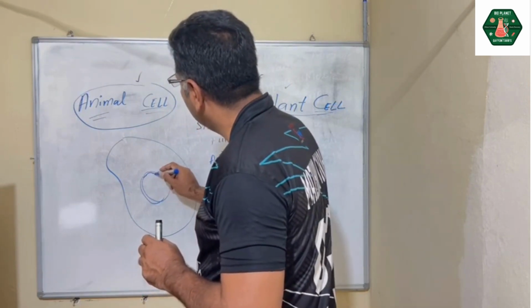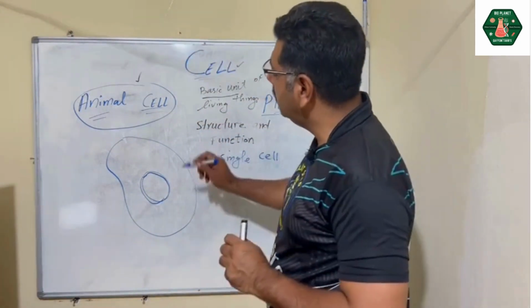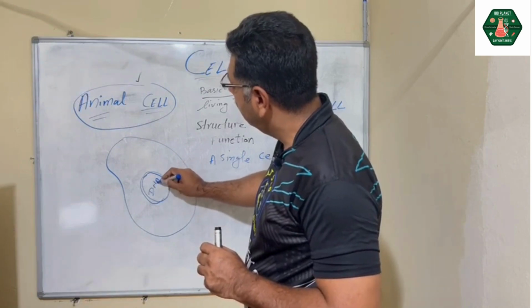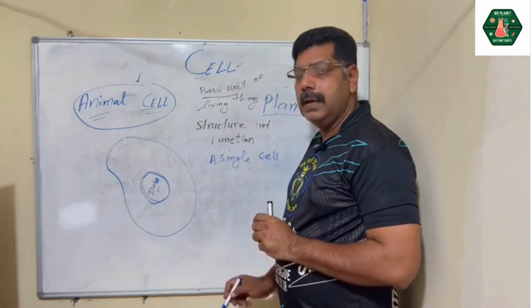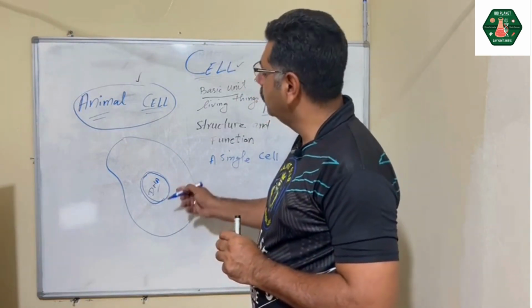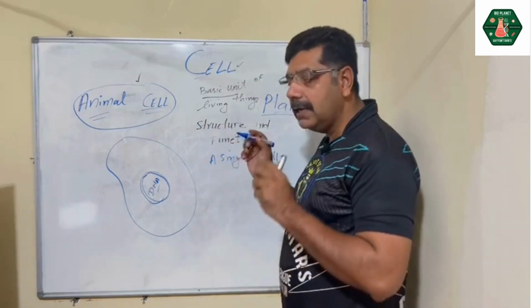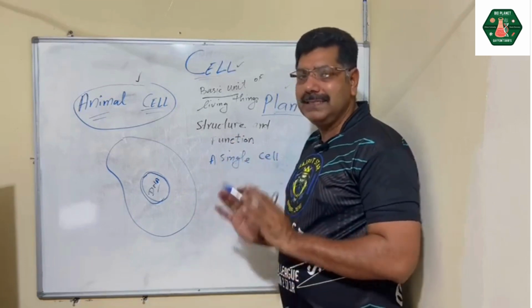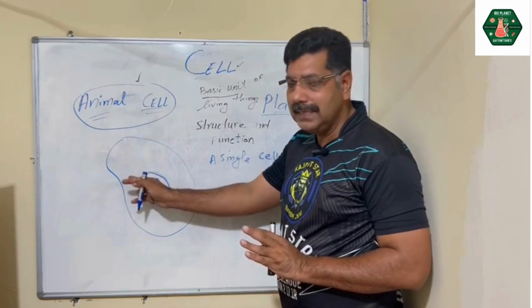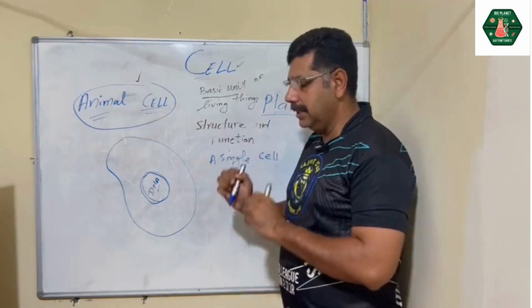This central nucleus has DNA, and DNA is there inside the chromosome. So it's a central unit that controls the activity of the whole cell. So it is an animal cell, and this animal cell has a central nucleus.